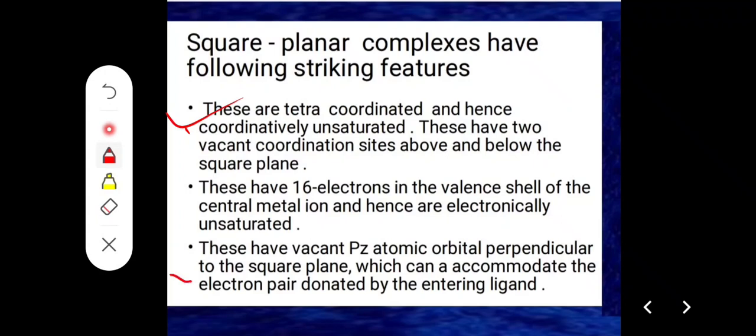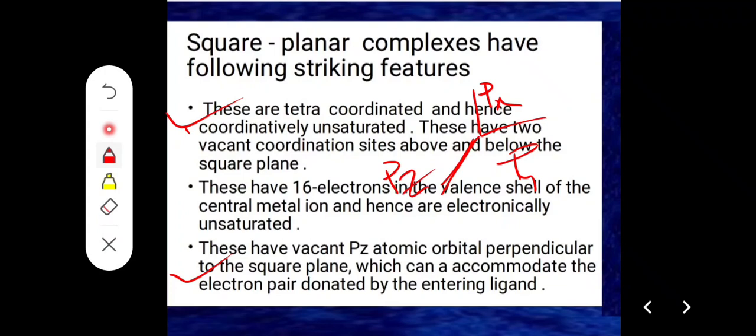And these have a vacant pz orbital perpendicular to the square plane. You know that p has 3 orbitals, px, py, pz, and all are perpendicular to each other. If we consider this is px, this is py, this is pz.